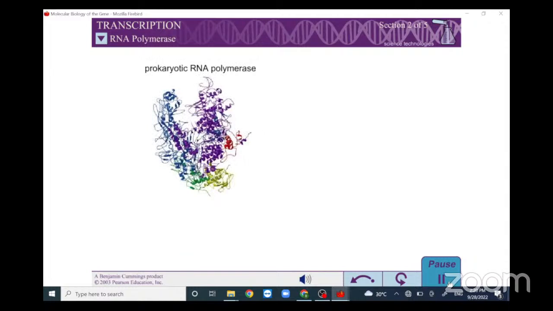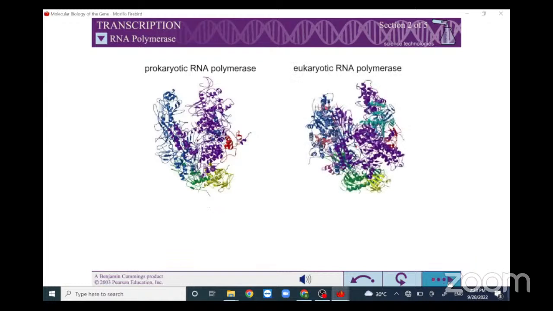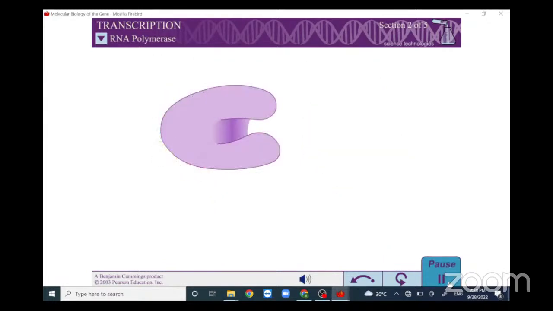You have two types: a prokaryotic RNA polymerase and a eukaryotic RNA polymerase, very similar to your DNA polymerase. Just as DNA polymerase differs for prokaryotes and eukaryotes, RNA polymerase also differs. How it differs I will tell you at the last. Now you have an RNA polymerase.